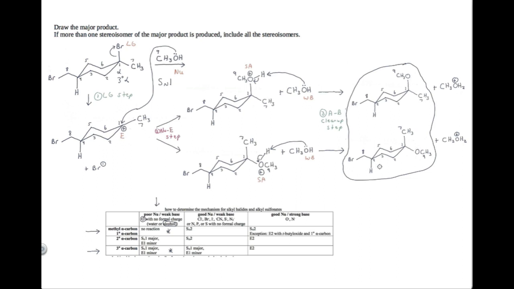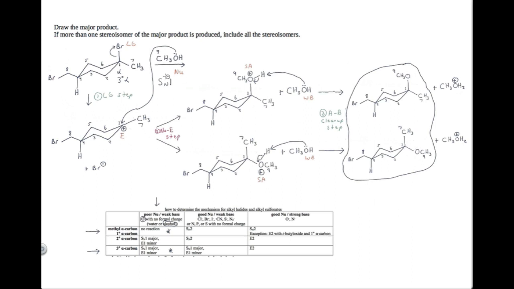And then an equatorial substituent is indicated at a slant, such as carbon 7 is equatorial here, or this oxygen is equatorial, or carbon 8 is equatorial here. So make sure that your answer clearly indicates which substituent is axial and which substituent is equatorial.